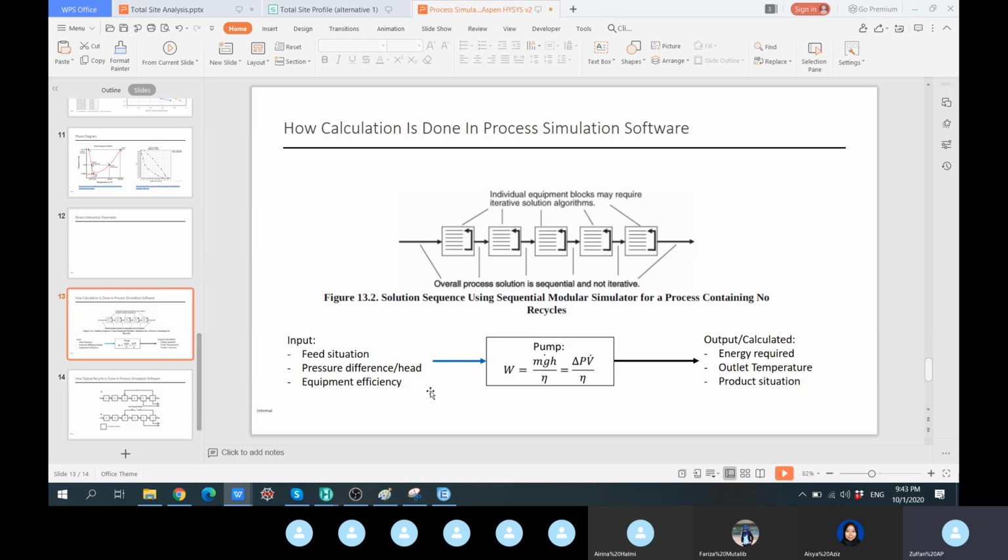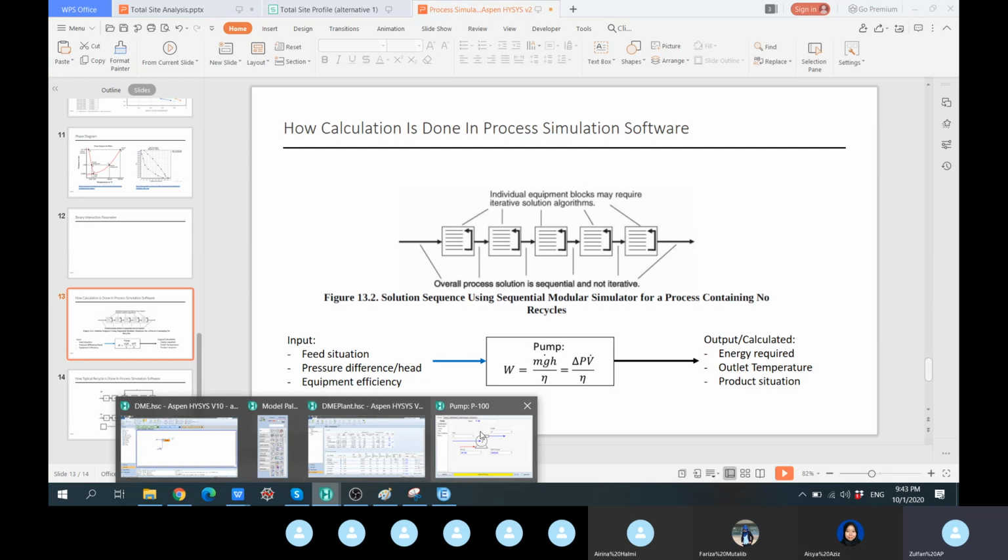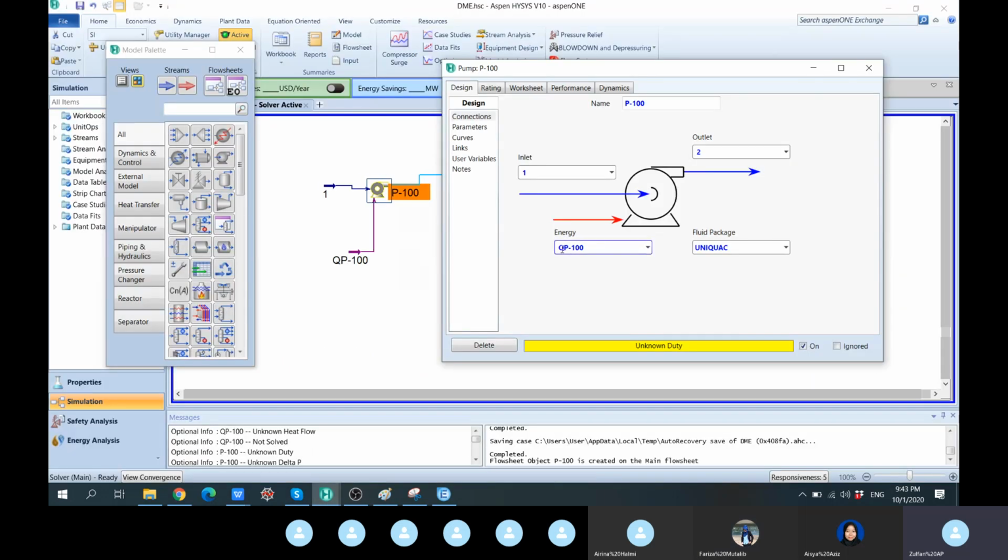So it has to have an energy stream, and we also see this from the equation, that this power is the electric power that we need to run the pump, which is this stream. So that's why we need to have this energy stream. It is coming in, right? The arrow is pointing inward to the pump. That means we are supplying energy to the pump.